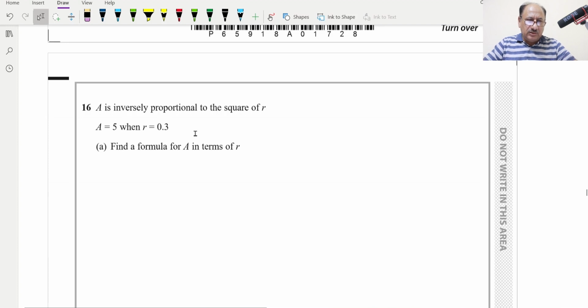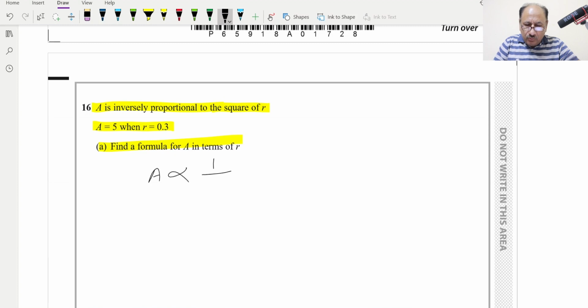Basically question number 16 is a simpler question, a variation question. A is inversely proportional to the square of r. A is equal to 5 when r is equal to 0.3. Find the formula for A in terms of r. So we can write A is inversely proportional to r squared. This implies A is equal to k over r squared, and we can use these two values.